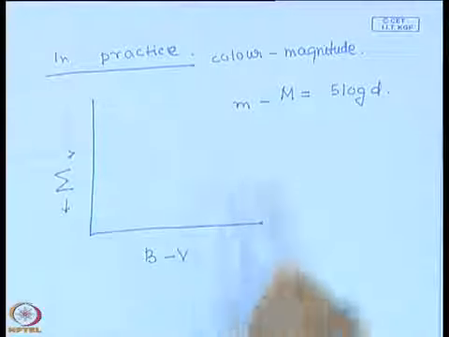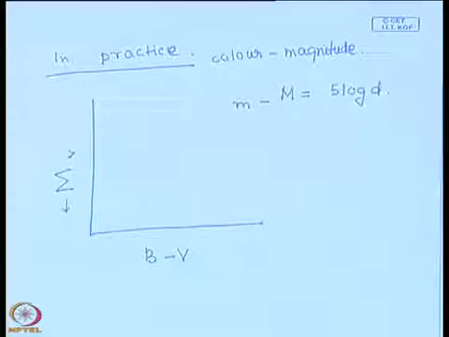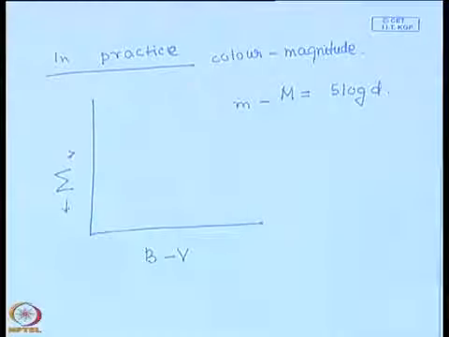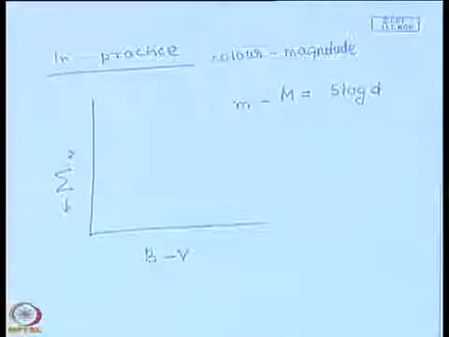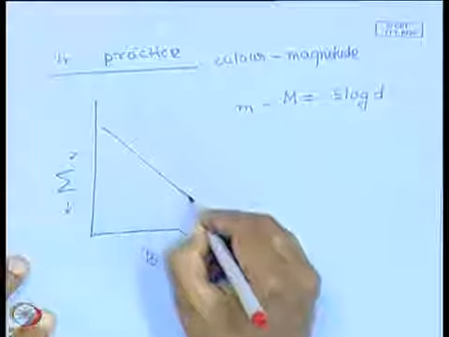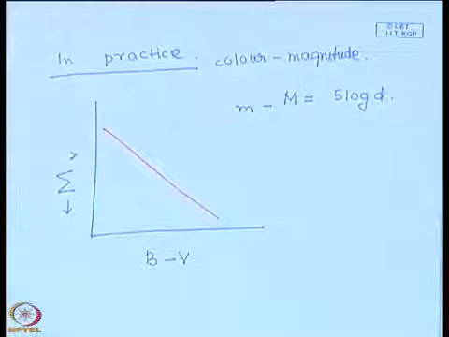Okay. So, this is what people looked at, and what people found was that the bulk of the stars lie along a band which runs diagonally across this diagram, roughly like this.